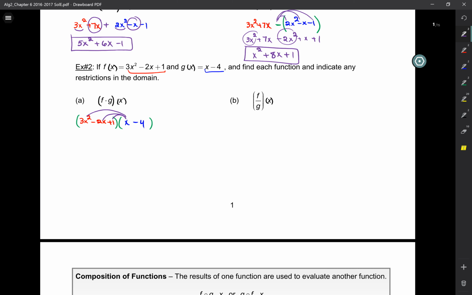Okay, so now 3x squared times x will be 3x cubed. Now, minus 2x times x will be minus 2x squared. 1 times x is plus x. Now I'm going to distribute the negative 4 to this, that, and that. So 3x squared times 4, negative 12x squared.